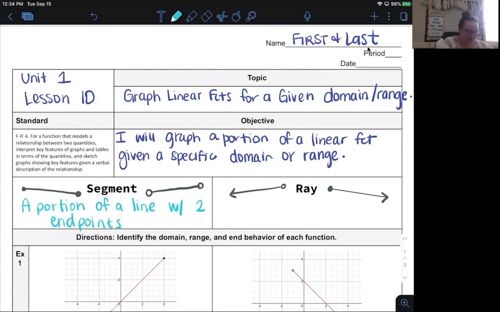So instead of having an entire line that extends to the right and to the left forever, you take a piece of that line and you give it some endpoints.